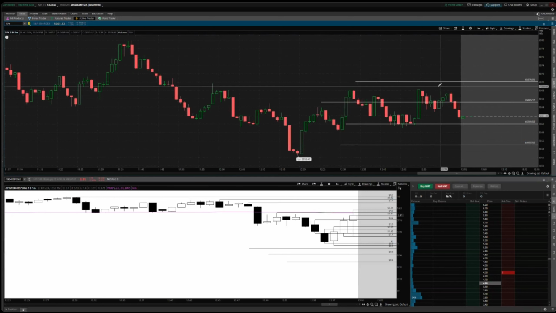Yeah, because if you think about it, the strike prices for SPX are all going to be $5 increments, right? So I don't chart levels like, oh, I'm going to go from here to here.